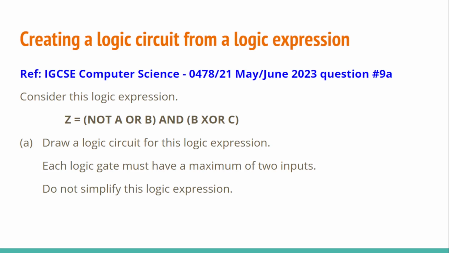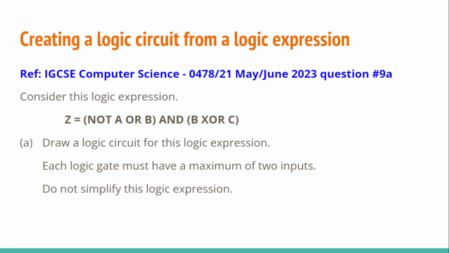Let's take a look at an example derived from IGCSE Computer Science question for May-June 2023, question 9A. The component is 2, 1.